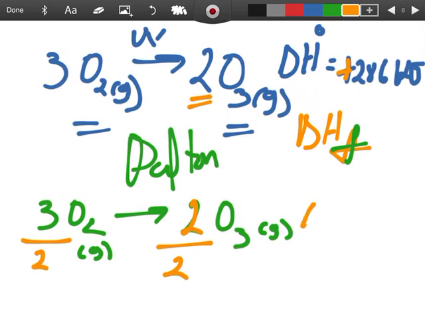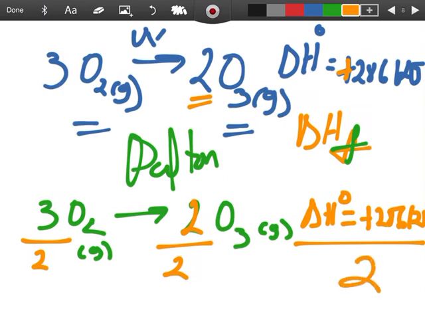But that also means that the enthalpy of the reaction, which is 286 kilojoules, also needs to be divided by 2.